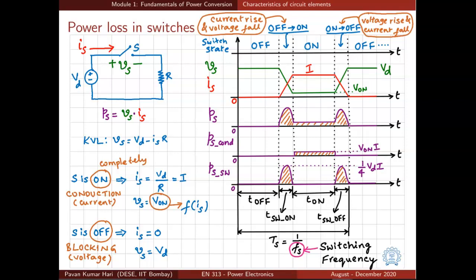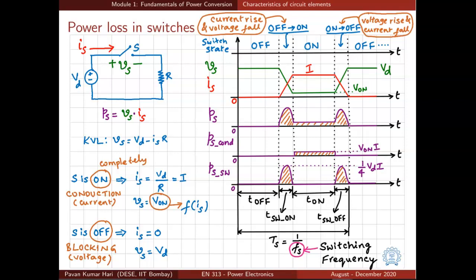That is denoted by this off to on state here. Then the switch is on for a certain duration, and then we initiate the turn off process of the switch. That interval of turn off is indicated by on to off, and then the switch turns off and this cycle continues.